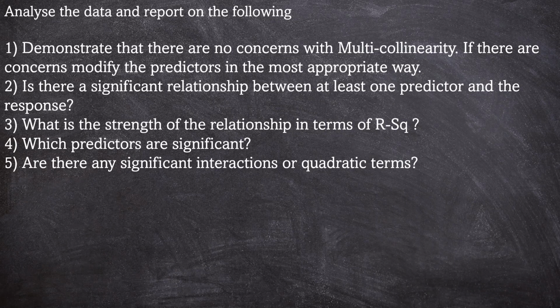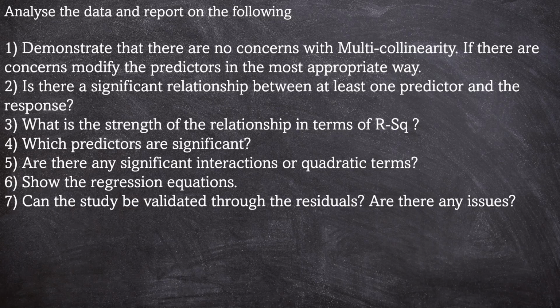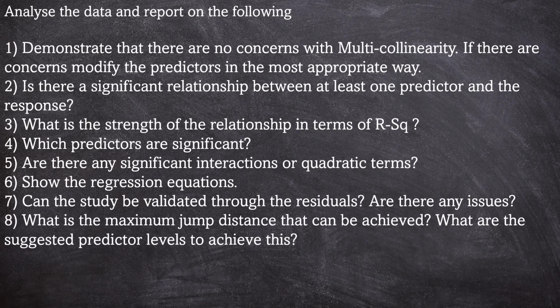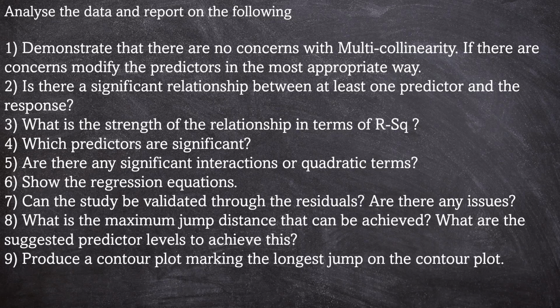Number 5, are there any significant interactions or quadratic terms? Number 6, show the regression equations. Number 7, can the study be validated through the residuals? Are there any issues? Number 8, what's the maximum jump distance that can be achieved? What are the suggested predictor levels to achieve this? And number 9, produce a contour plot marking the longest jump on the contour plot.